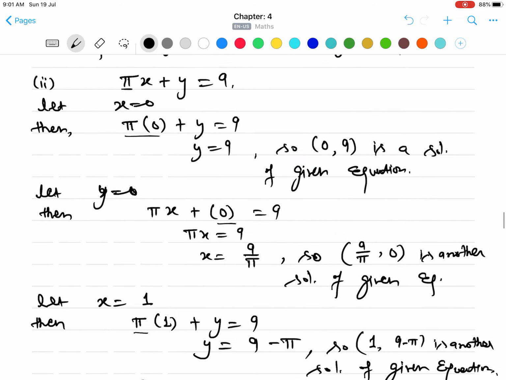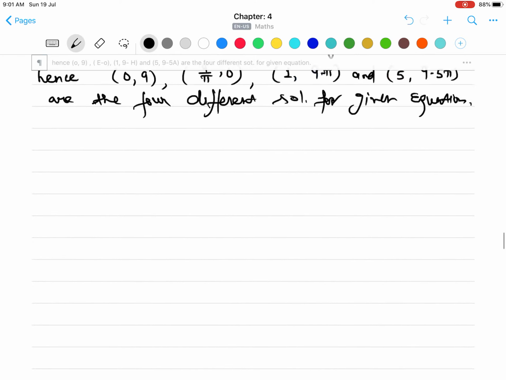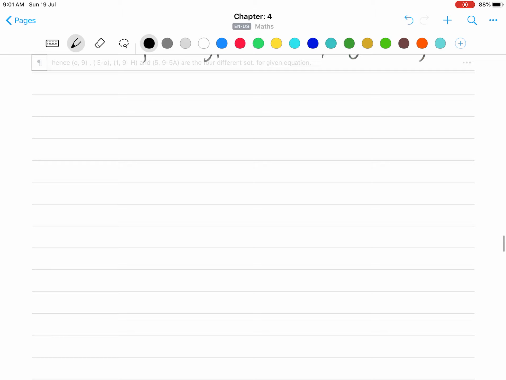Okay, so we have solved the second part also. Now moving to the third one, we have x equals 4y. It's very simple. Let's take y equals 0.